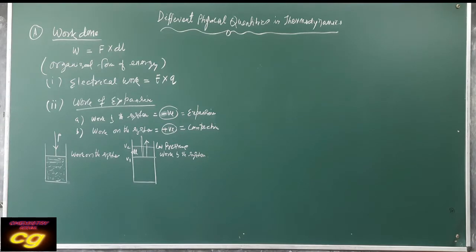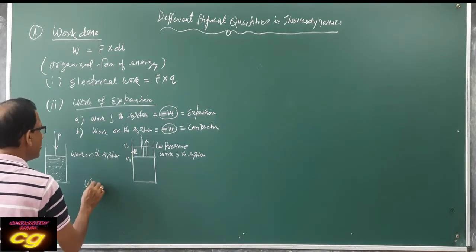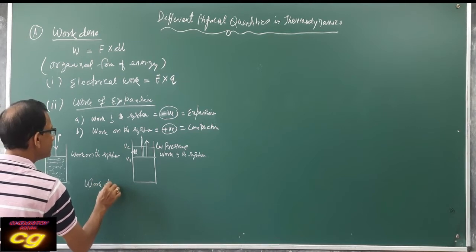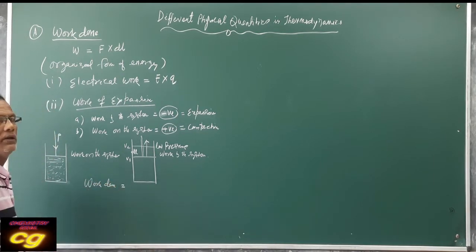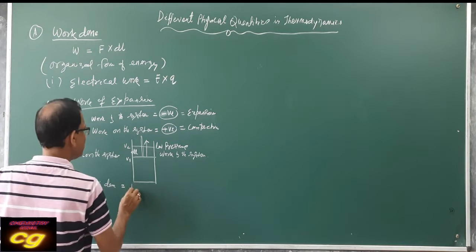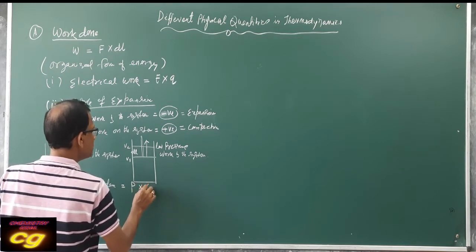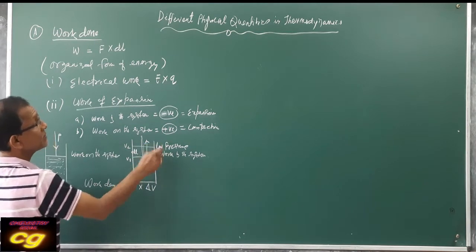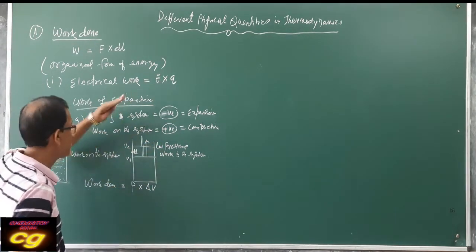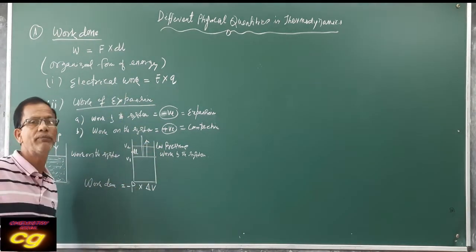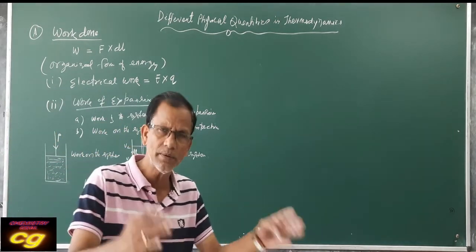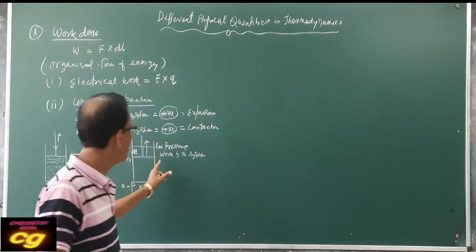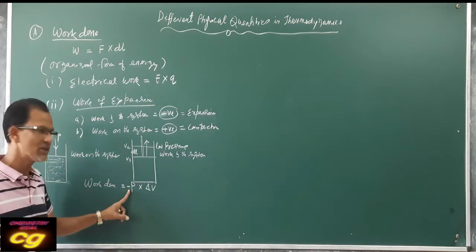We know that in mechanics the work done will be pressure into volume change. As it is work done by the system in expansion, it has a negative sign. It is a sign convention: work done by the system means negative sign.